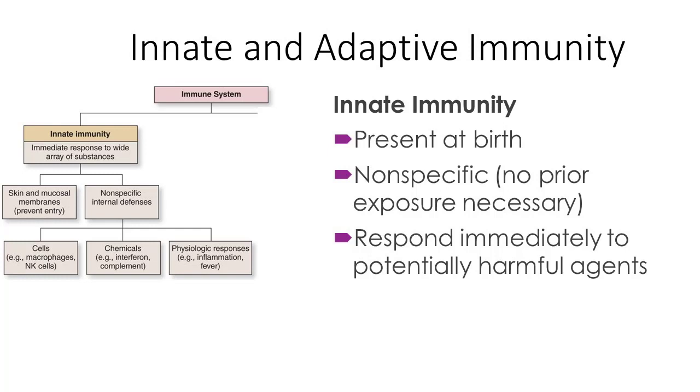This doesn't take any time. It's an immediate response. The best way to fight off a pathogen is keep it from infecting your body in the first place. It's kind of like, how do you cure cancer? You find it quickly before it spreads. So that's kind of like the innate immune system.